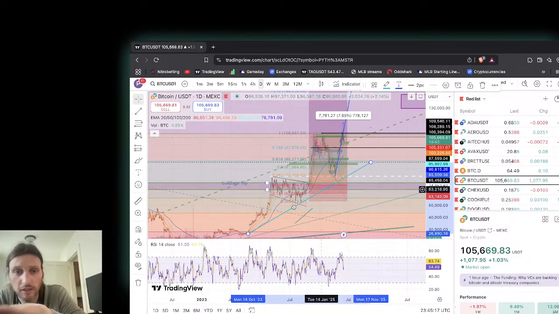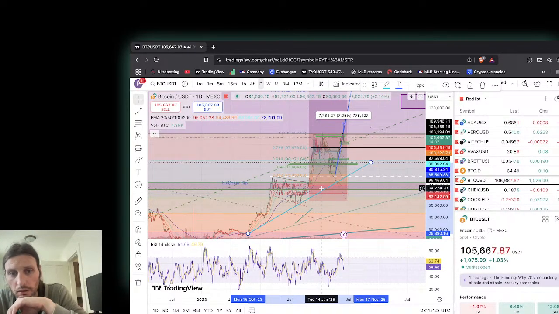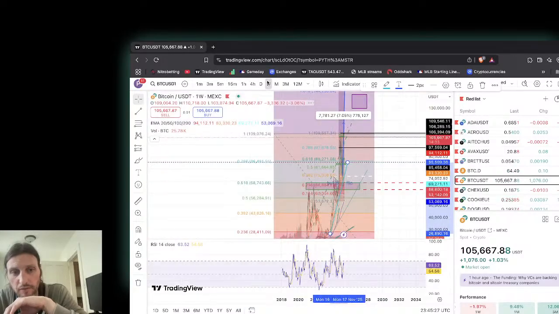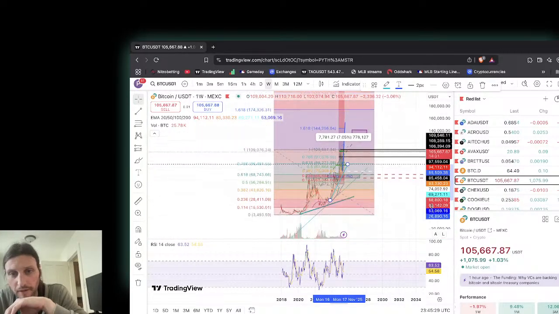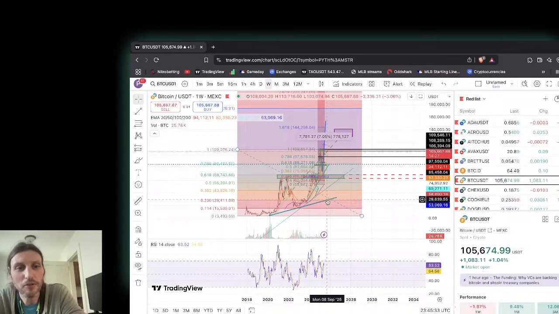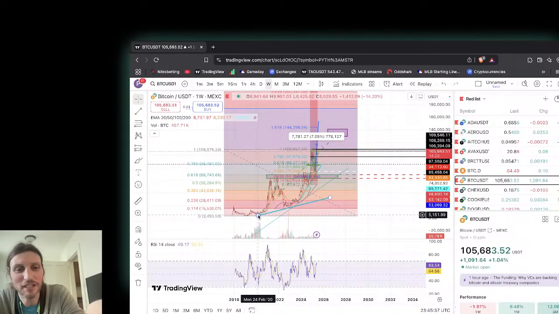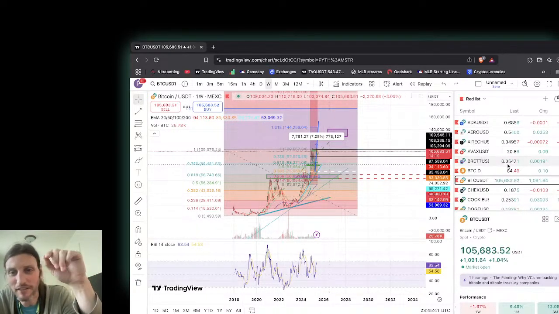You can disregard everything else, it's irrelevant. Here we go. This is the blue line I was talking about, ranging from 2020.